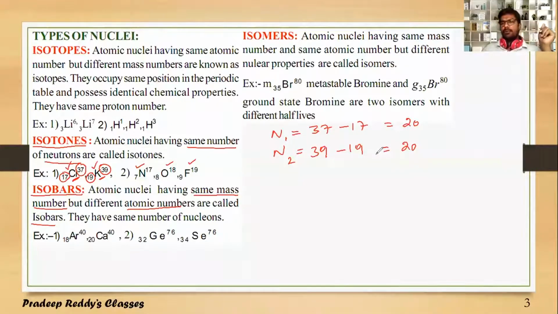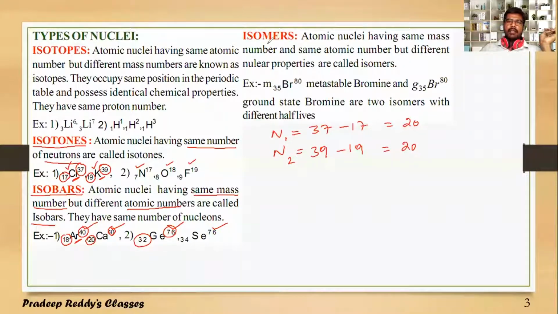See here, in this first example, we have argon-40 and next calcium-40. Likewise, germanium-76 and so on. If you observe carefully, the mass number is 40 here and 40 there, 76 and 76. Same mass number but different atomic number. Such atomic nuclei are called isobars.